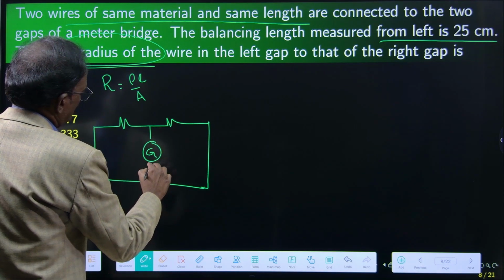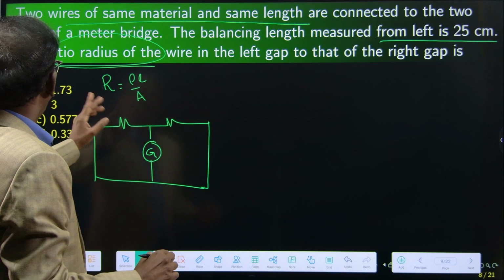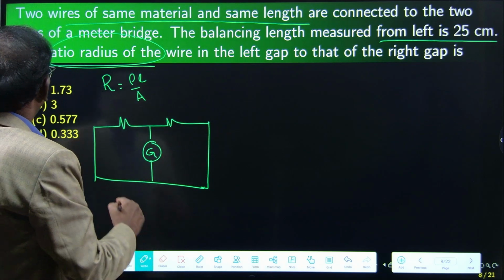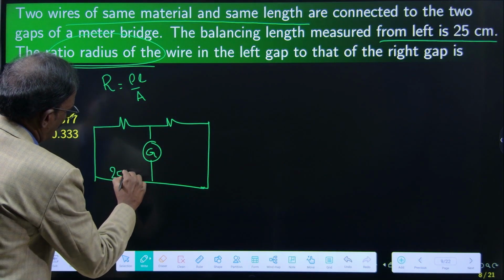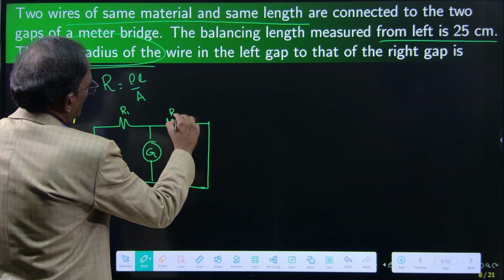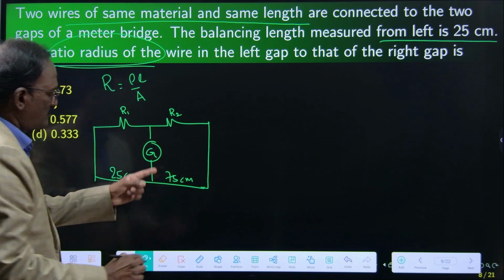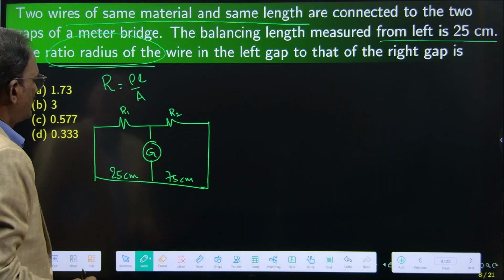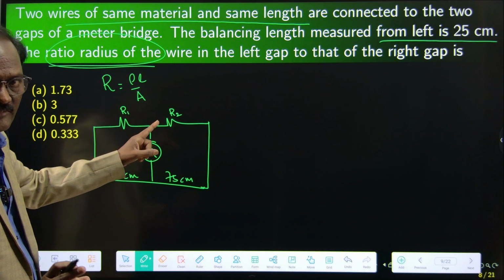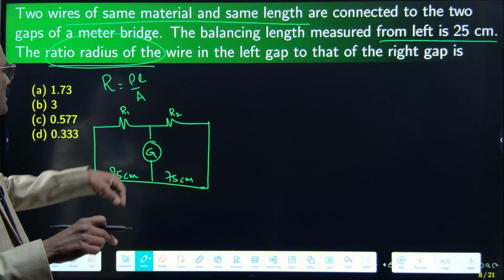Two wires of same material and same length, left gap and right gap. The balancing length measured from left is 25 centimeter. This is 25 centimeter. So this is R1 and this is R2. And this must be 75 centimeter, 100 minus 25. This is given. So the ratio of the ohmic value is not asked, its radius of the wires is asked.